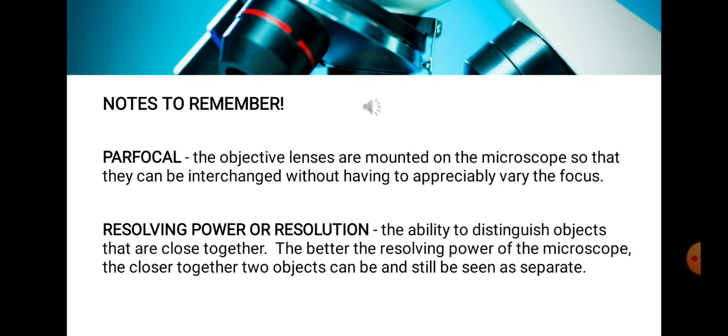This is possible when a microscope has parfocal objectives. While resolving power or resolution is the ability to distinguish objects that are close together. The better the resolving power of the microscope, the closer together the two objects can be and still be seen as separate.